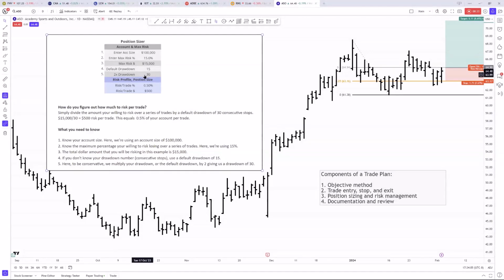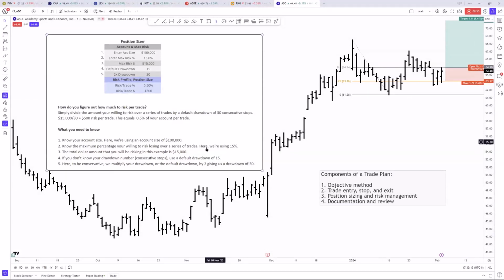That tells me I can do 30 trades in a row and 500 bucks is my risk per trade. 30 times this is going to equal 15,000. And I'm not risking different amounts every single time. It's going to be equivalent risk across the board, everything nice and consistent.